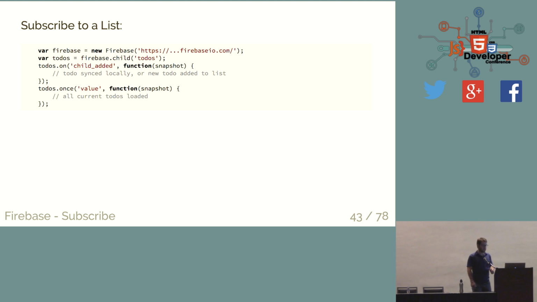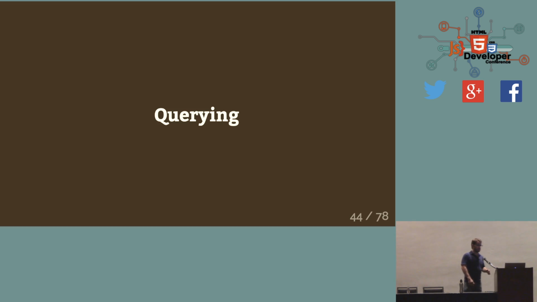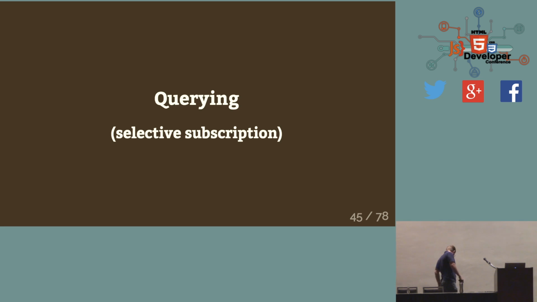So querying, which is, like I said, not really quite querying. It's more like choosing what we're going to subscribe to, selective subscription. The operations available for doing that are limit and start at and end at.